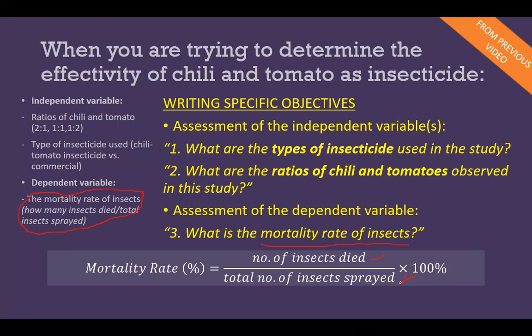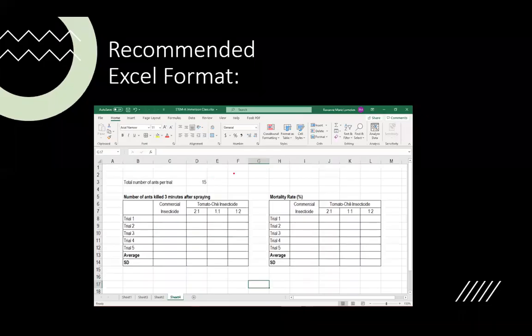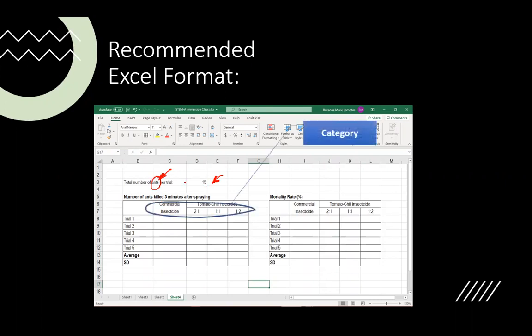Let's make this part constant: the total number of insects sprayed for this topic is constant at 15 ants per trial. And the type of insect for the insecticide is also constant, which is the most common, ants.